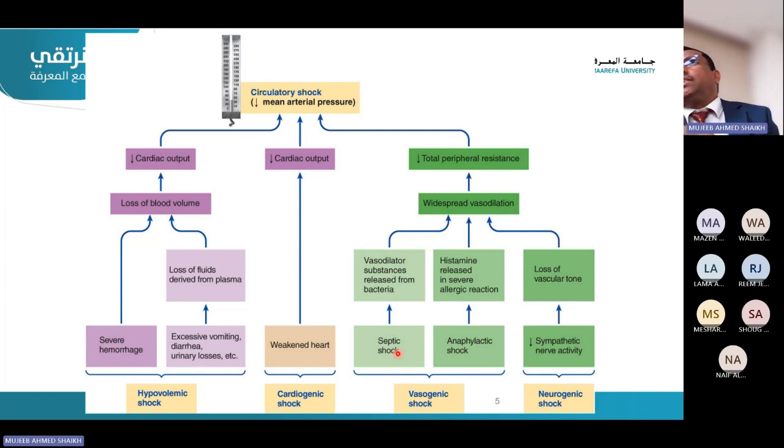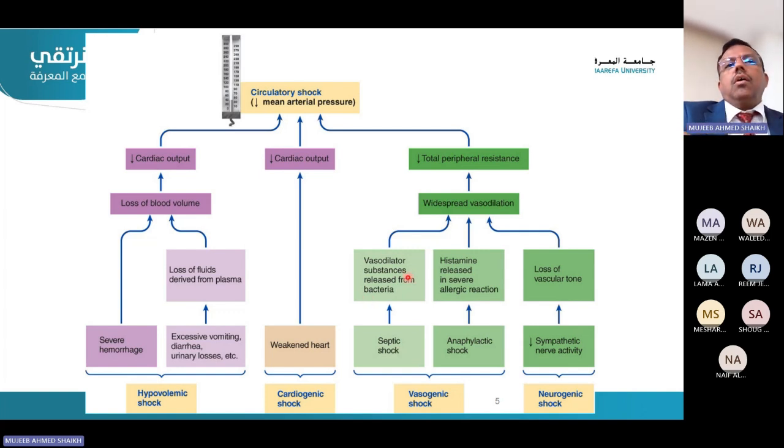If there is a severe infection in the body, which is not treated by antibiotics, then this may lead to abnormality in the capillary circulation. There may be increased histamine release, there may be vasodilatation, and if the size increases, the pressure will decrease. So this will lead to decreased flow, hypoxia, and shock.